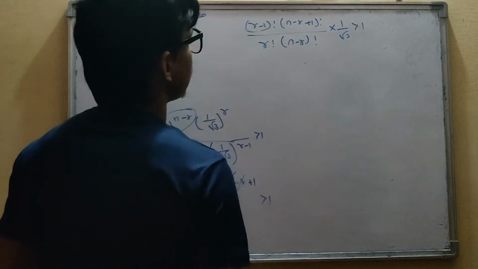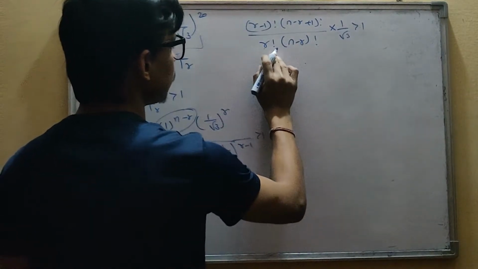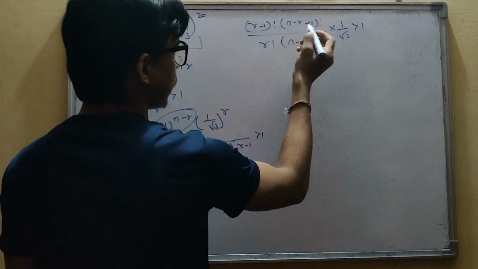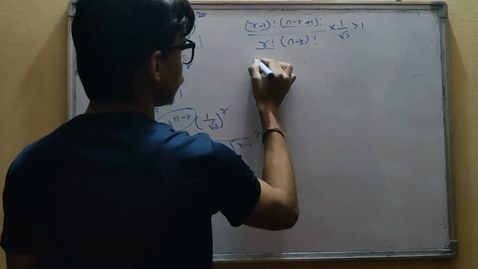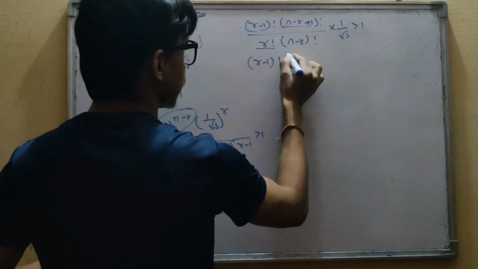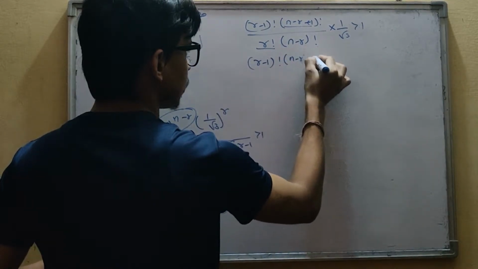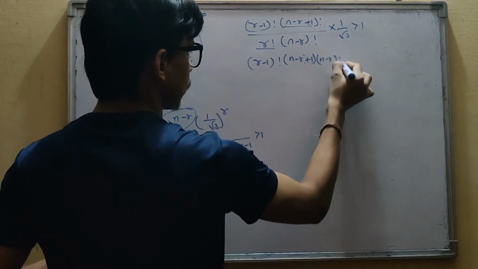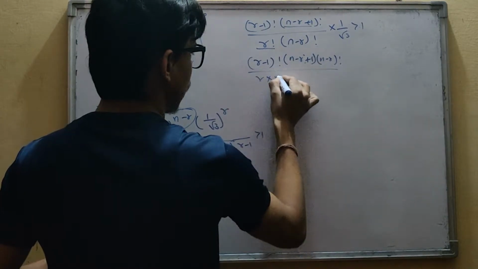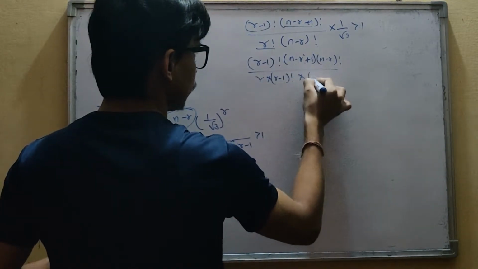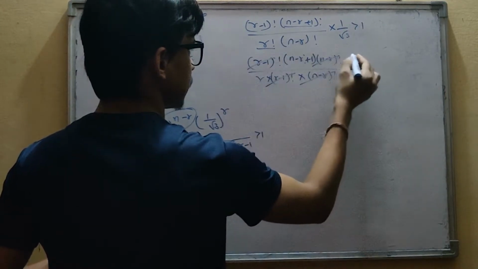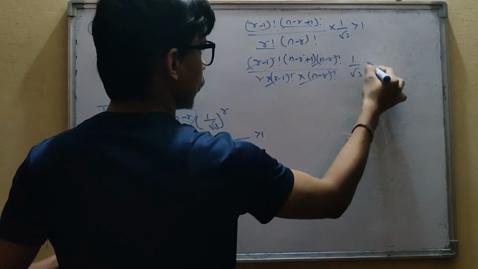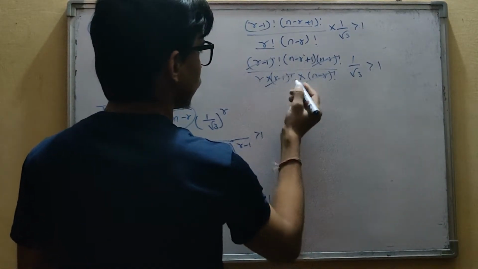So what you can do now, you just expand this and express this from here. If you do so, you are going to get r minus 1 factorial into n minus r plus 1 into n minus r factorial, and here it is r into r minus 1 factorial into n minus r factorial. So this is cancelled out, and this is remaining with 1 upon root 3 is greater than this.